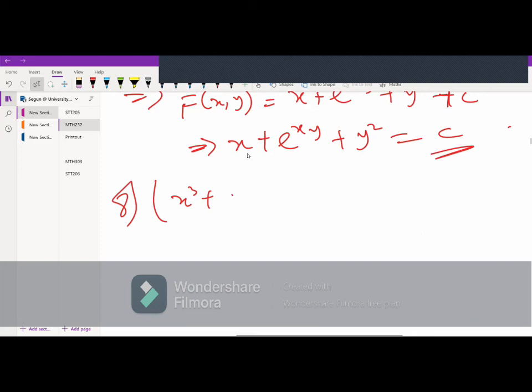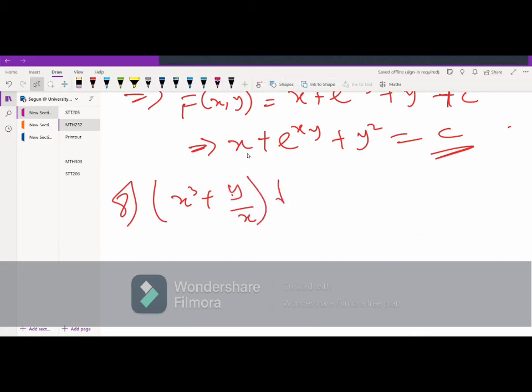So when you have y over x, the x plus y squared plus ln x, the y equals to 0. We need to brush up our skill like I told you.